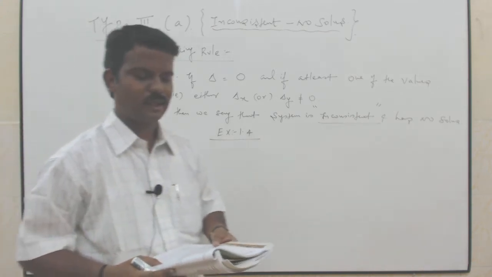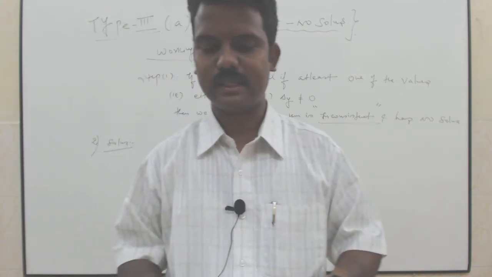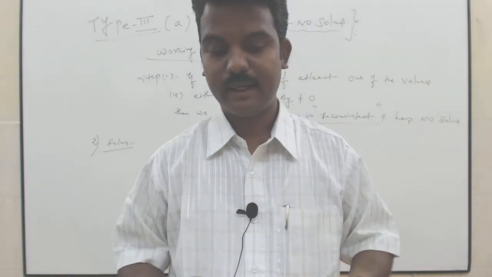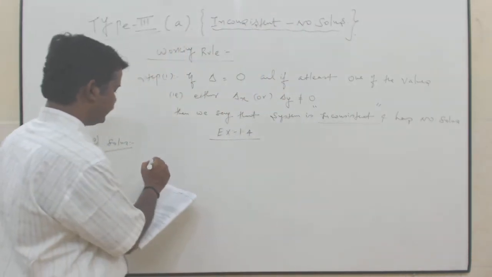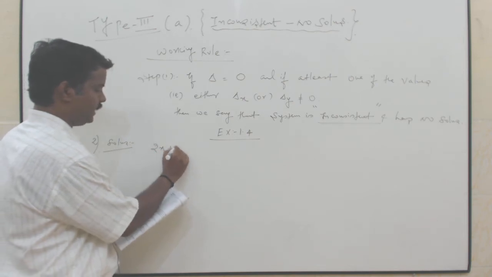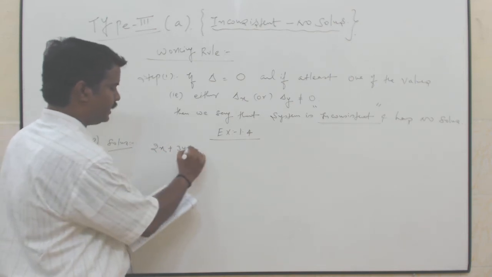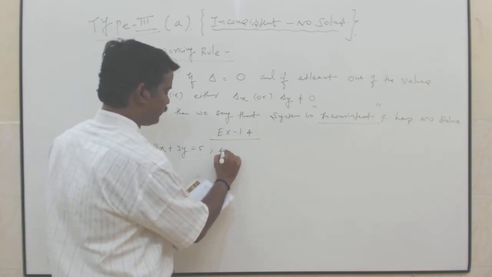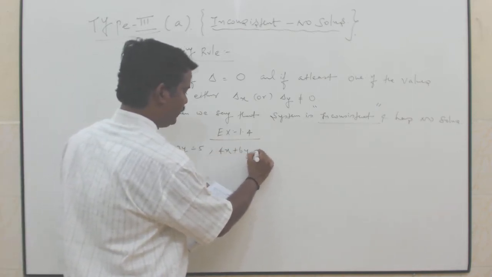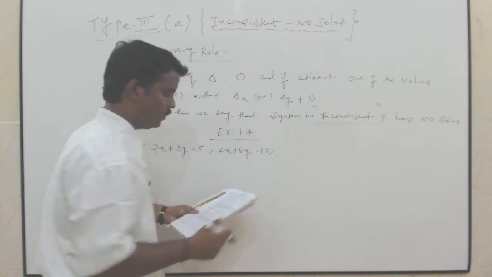I'll read the question. Solve the following non-homogeneous system of linear equations by determinant method. You have to solve these two linear equations by determinant method: 4x plus 6y is equal to 12.